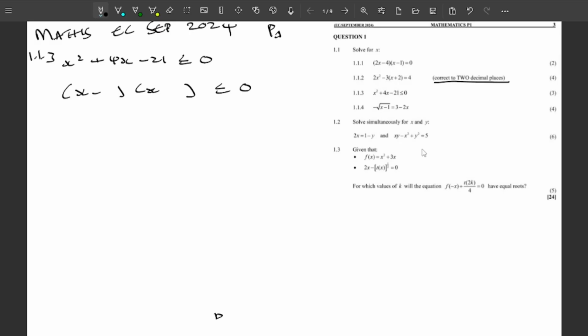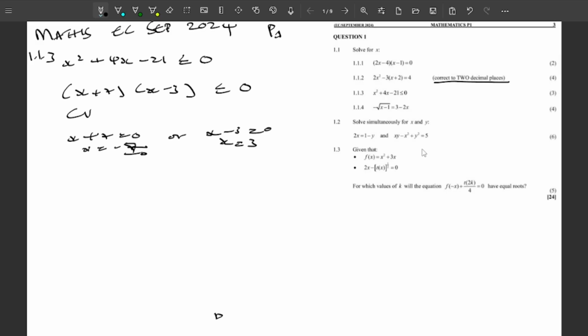So this means I can just say plus 7 and minus 3, and if I multiply both of them, I get minus 21. Then remember that in order to write the equal sign, you have to say CV. Then you can say x plus 7 equals 0, or x minus 3 equals 0, and then my values here are 3, and here minus 7.